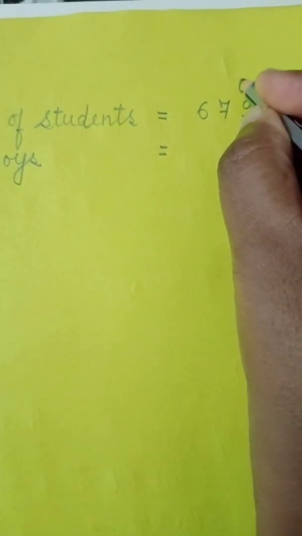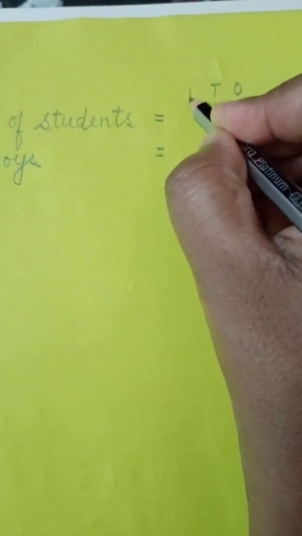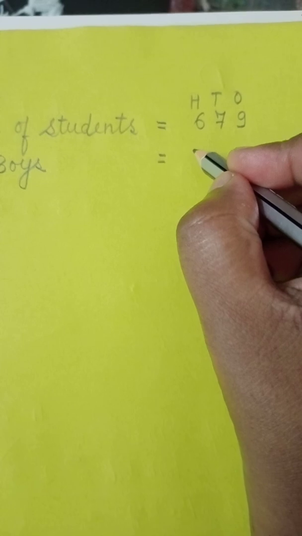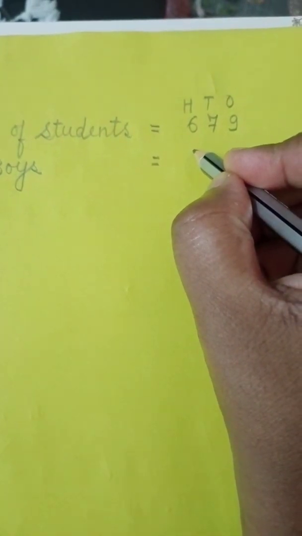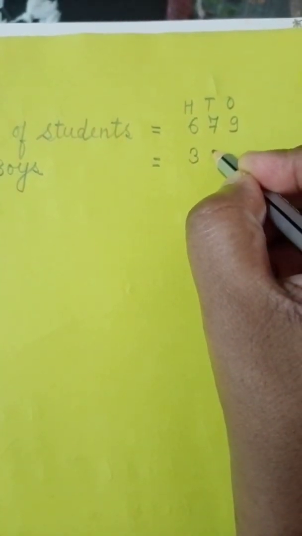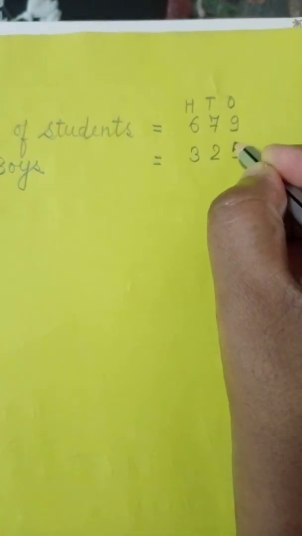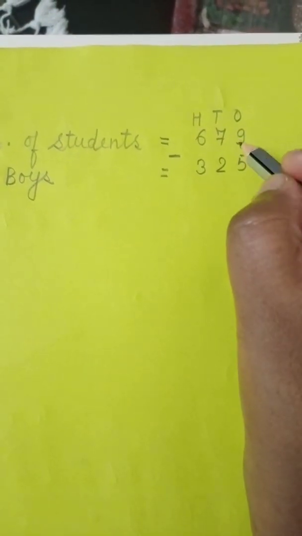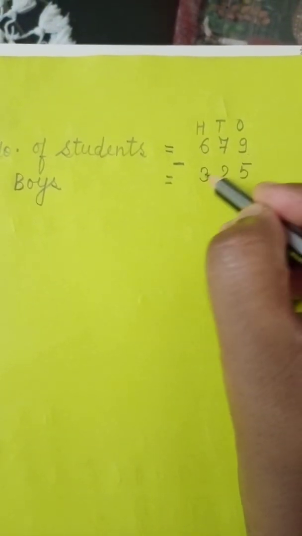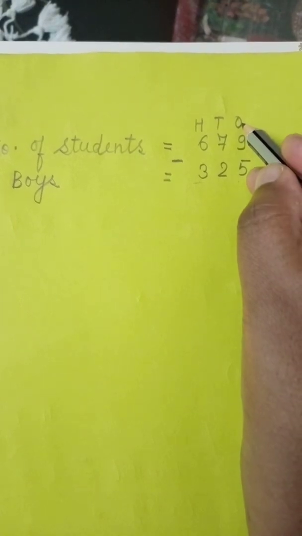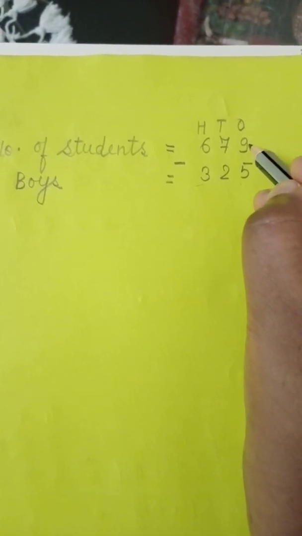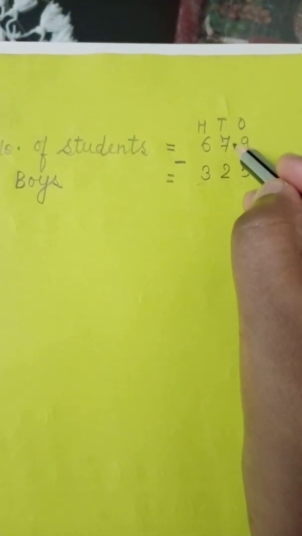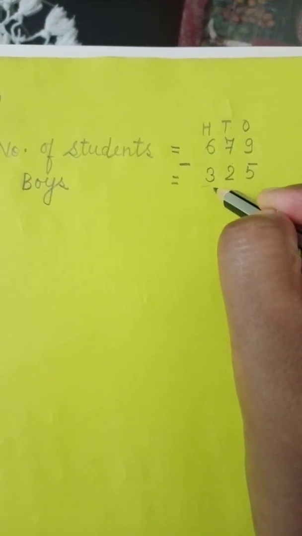Put here ones, tens, 100. Then how many boys are there? 325. Clear children? You have to subtract these two numbers. Children, remember you have to write these 3-digit numbers just under the ones column, then the tens column, then the 100 column, one below the other.